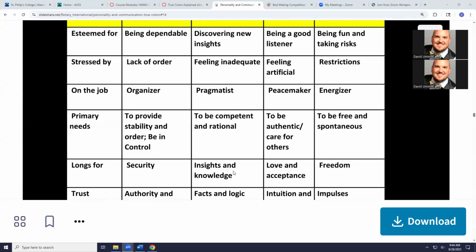Or maybe not so much that they want freedom, but that they want something different from you. So why do you think it's important to know that they're looking for something different other than what you focus on? Yeah, absolutely. There are some things that have to be done in a specific way.